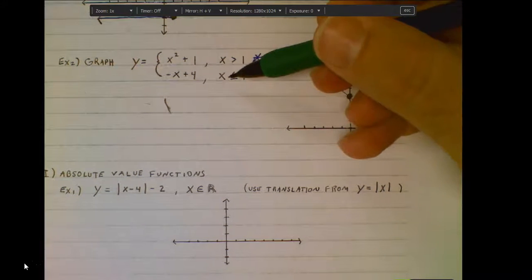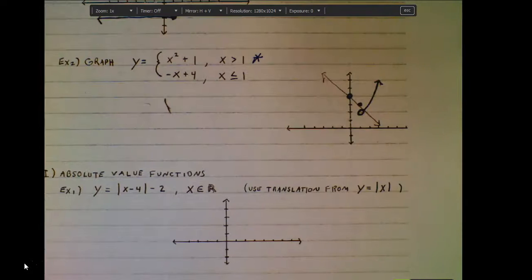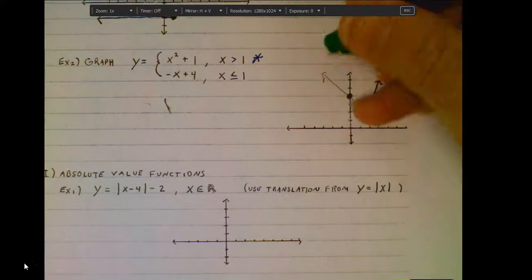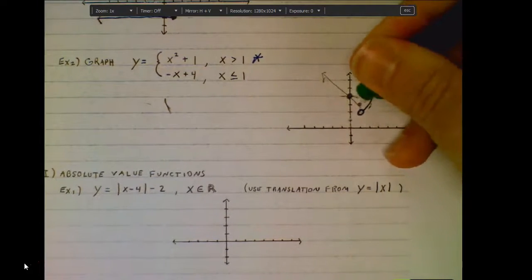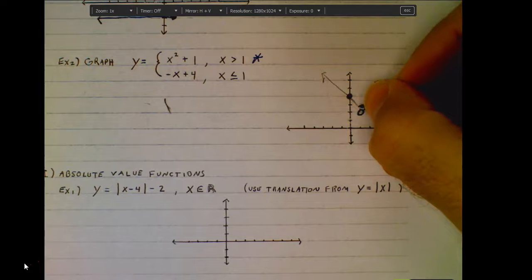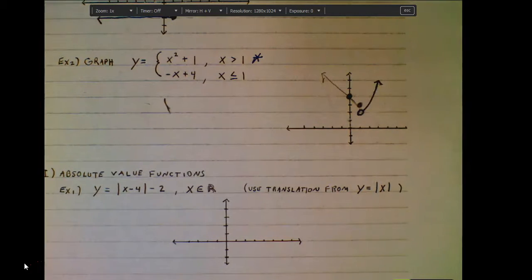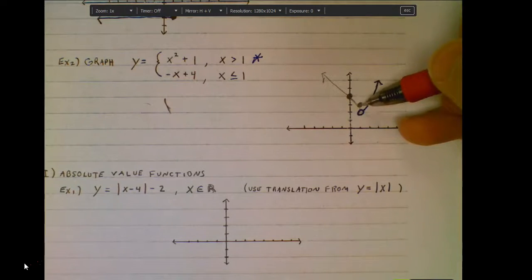This one says I can only look at the x's that are less than or equal to 1. So this graph only goes to the left from 1. So we would have to cut it off right there. And you'll notice this one does carry the equal sign, so we do leave it filled in.